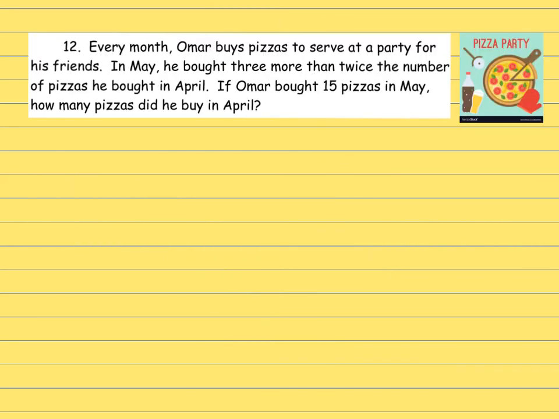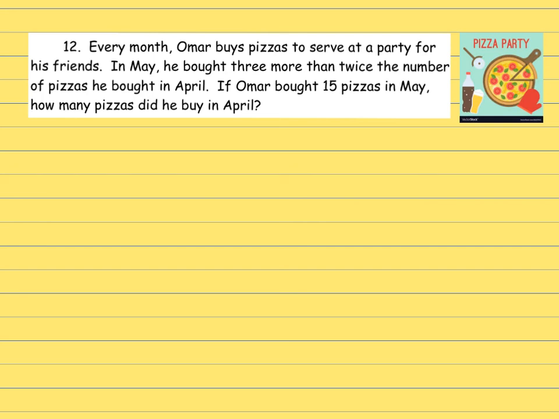Number 12, every month Omar buys pizzas to serve at a party for his friends. In May, he bought 3 more than twice the number of pizzas he bought in April. If Omar bought 15 pizzas in May, how many pizzas did he buy in April? Take a moment to pause this and try the problem on your own.